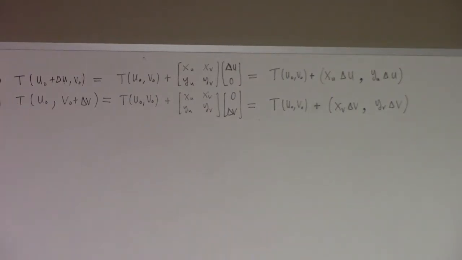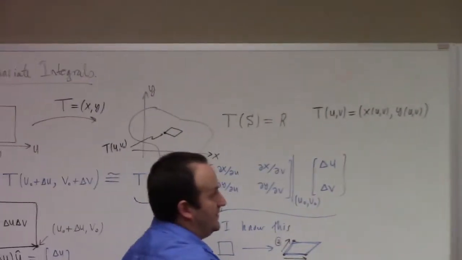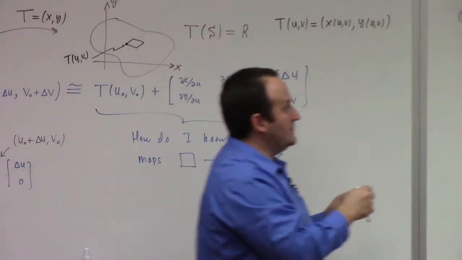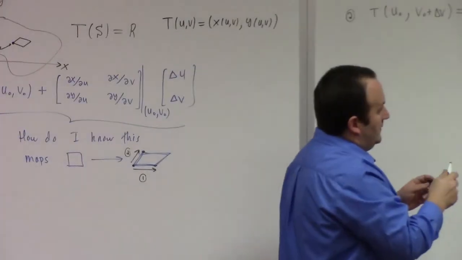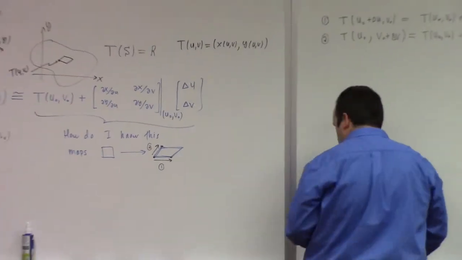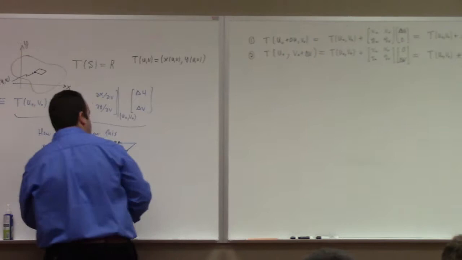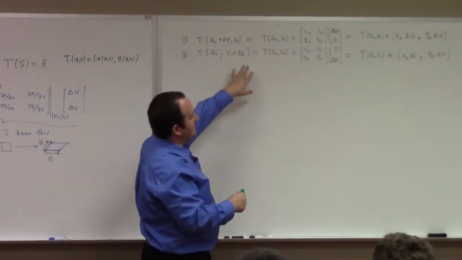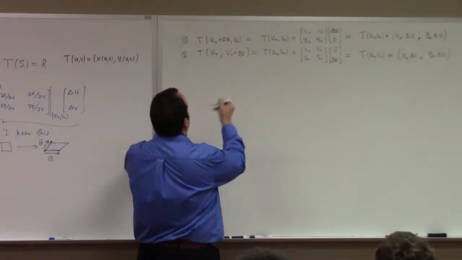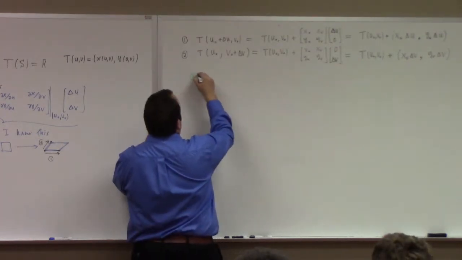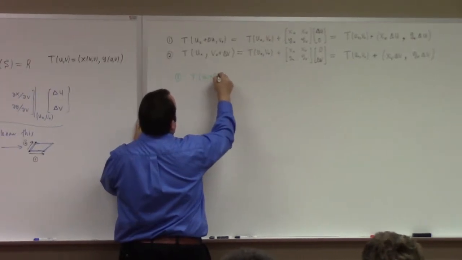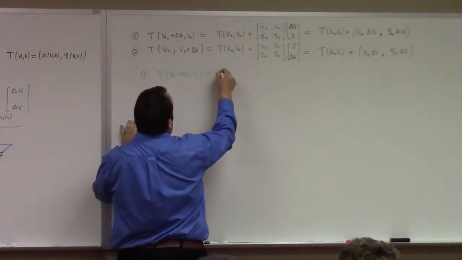Now to actually find these vectors 1 and 2, I have to look at the difference between the endpoint and the base point, so all I need to do is subtract. So 1 is really just T of u naught plus delta u, v naught, minus T of u naught, v naught.